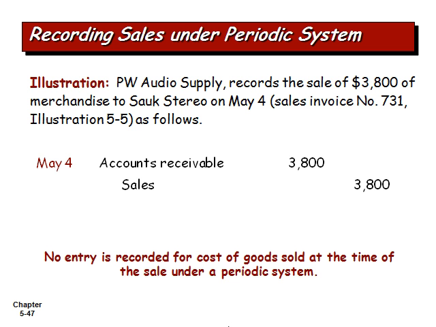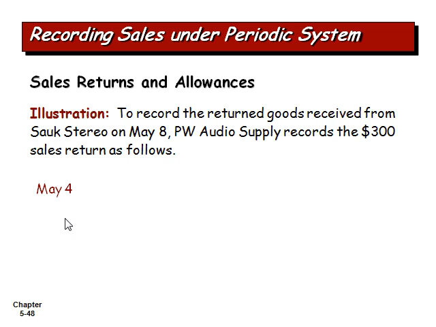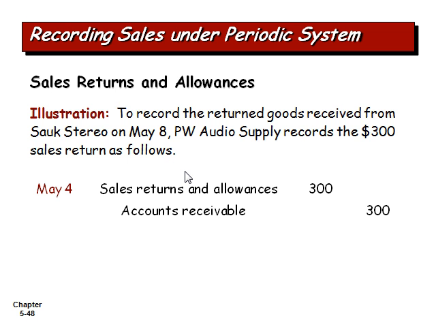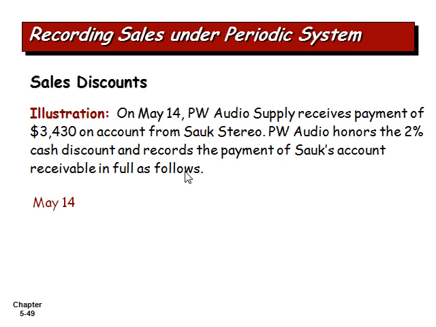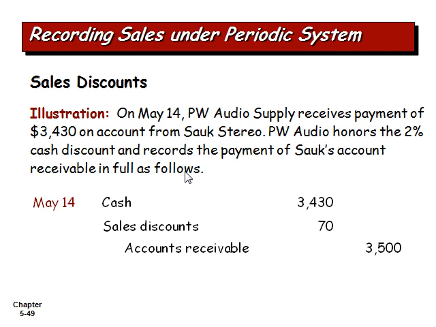And since it's now using a periodic system, it doesn't make any entry to its inventory account. To record the return of goods received from Sock Stereo, they record the $300 sales return as follows: debit sales returns and allowances, credit accounts receivable $300. To reflect the 2% discount, debit cash $34.30, debit sales discount, credit accounts receivable.